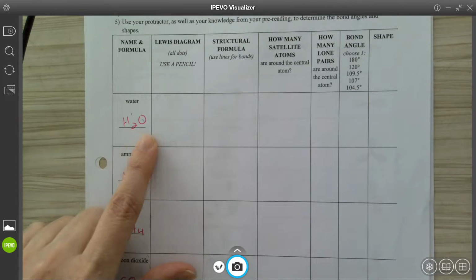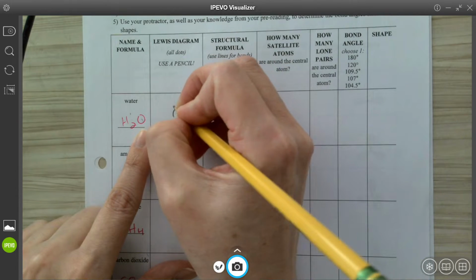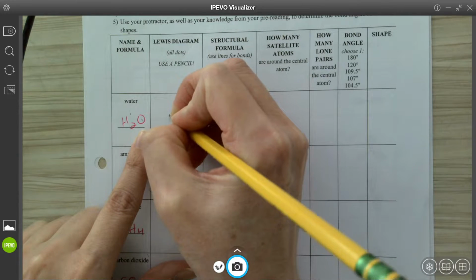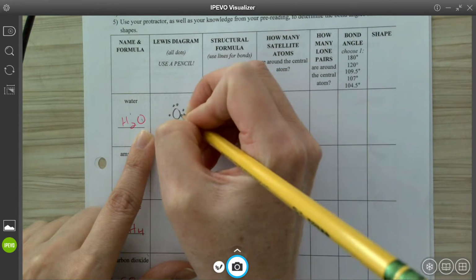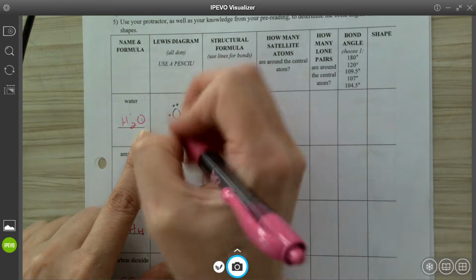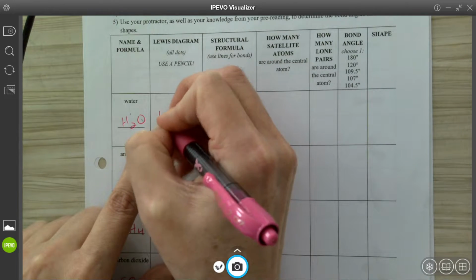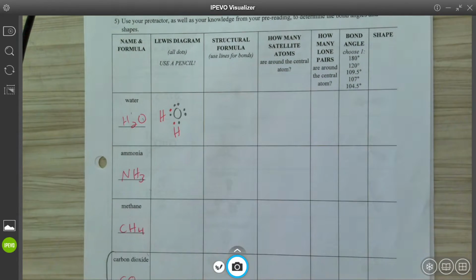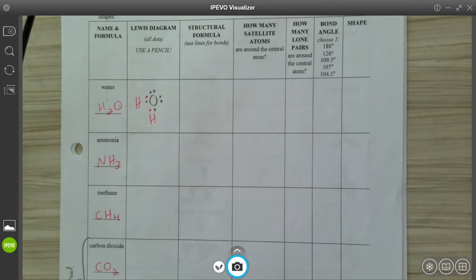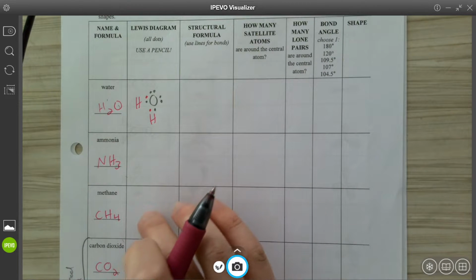So for number 1, I know that O is the central atom. And I'm just going to give it its valence electrons because I can picture where the H's are going to latch on. That's how we do method 1, where you just jigsaw it together. You could do method 2 if you wanted. So try that same thing for ammonia and methane.